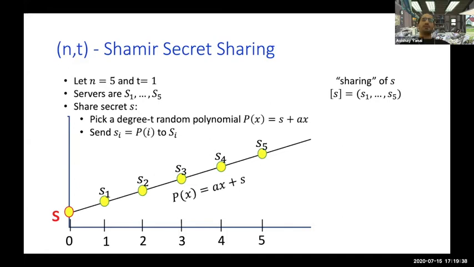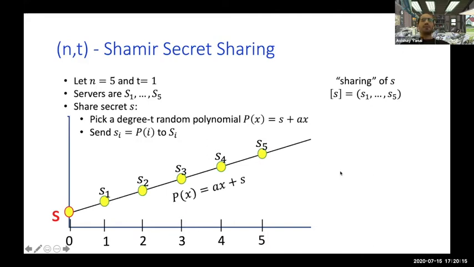For example, if we take n equals 5 and t equals 1, where n is the total number of servers and t is the number of corrupted servers, the dealer chooses a random polynomial of degree t, which is 1 here, and sends server i the evaluation of the polynomial on the value i. We call this value that server i receives the share of server i, Si.